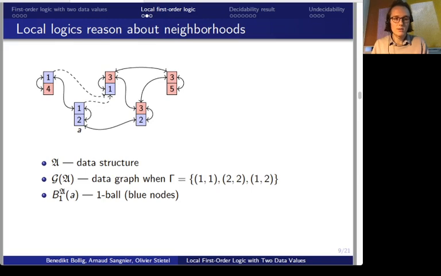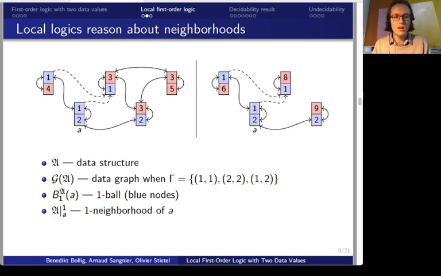Here we look at radius 1, and we draw this in blue. From this we define the 1-neighborhood of a. It consists of all elements having some blue in them. Specifically, it is all the elements having 1 or 2 as a data value inside them, and the remaining data we replace with something different, such that they are totally different and we cannot compare them. Notice that we get rid of the elements having the data values 3 and 5 because they are not in the ball of radius 1.